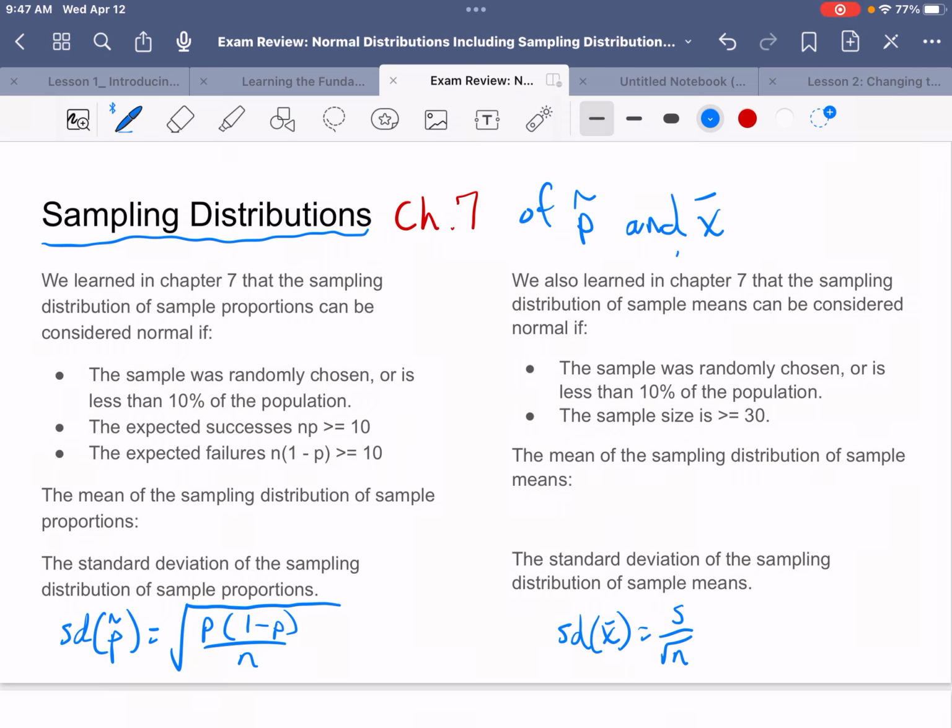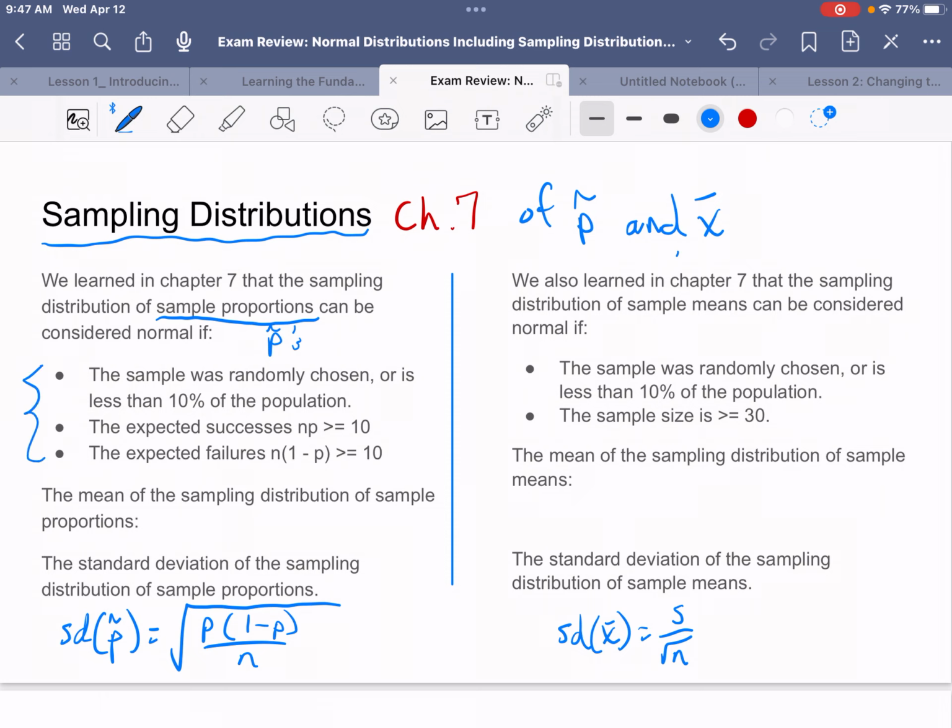So, if we talk about the sampling distribution of p hat on the left side of this slide, we say that the sampling distribution of sample proportions, p hats, can be considered normal if the sampling was done randomly or is less than 10% of the population, the expected number of successes n times p is greater than or equal to 10, and the expected number of failures n times 1 minus p is greater than or equal to 10.